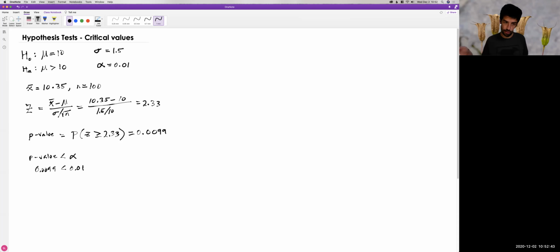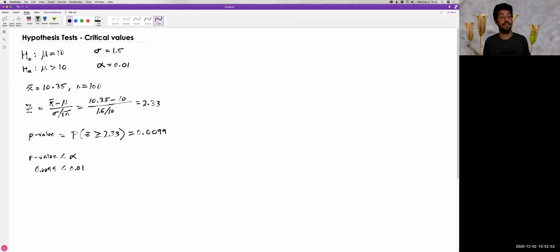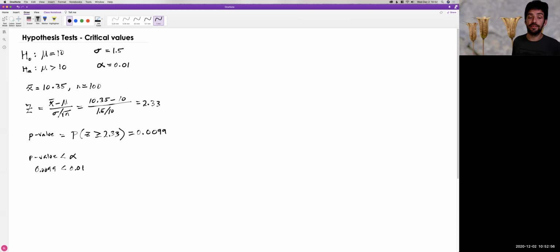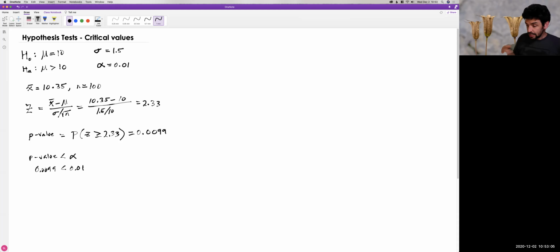And that seems too strange to us, that it's more likely the null hypothesis is not true. So we're rejecting it. And we don't know what the mean might actually be, but we think it's bigger than 10 because of the sample that we got. Okay, so that's the standard way we would do one of these hypothesis tests.